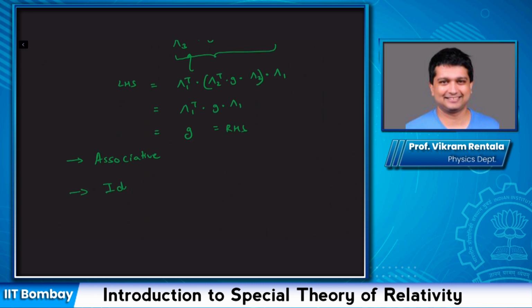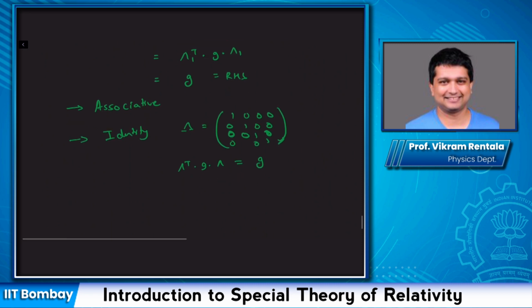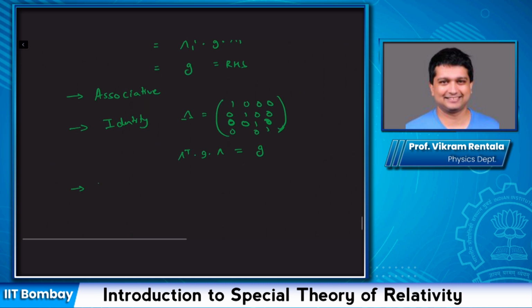The identity element clearly exists because I can always take this transformation for this matrix lambda, and this matrix is the identity of matrix multiplication, and it belongs to this set, because lambda transpose dot g dot lambda, because lambda is the identity matrix, is just going to be g. So the identity exists.